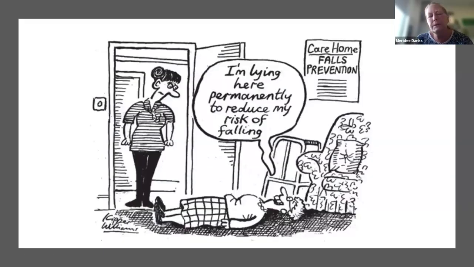So I found this cartoon. This is by Kipper Williams. There's certain modifications we probably don't want to recommend. So I thought this was perfect. "I'm lying here permanently to reduce my risk of falling." So she's just not going to get up, but that's not going to correct the problem, right?